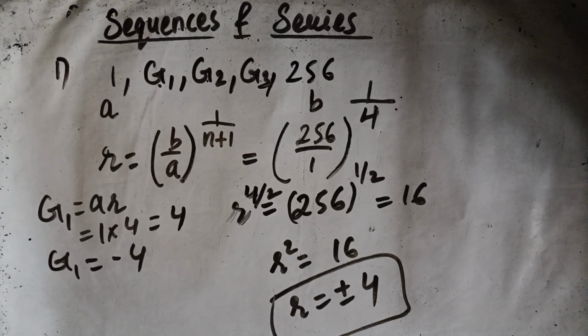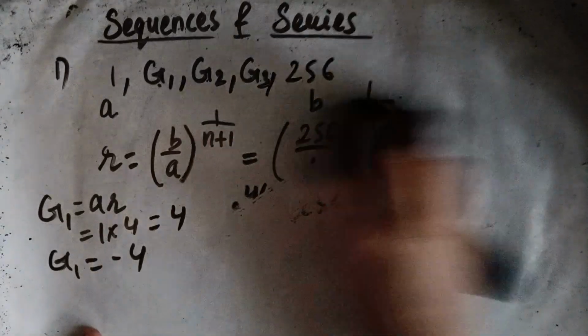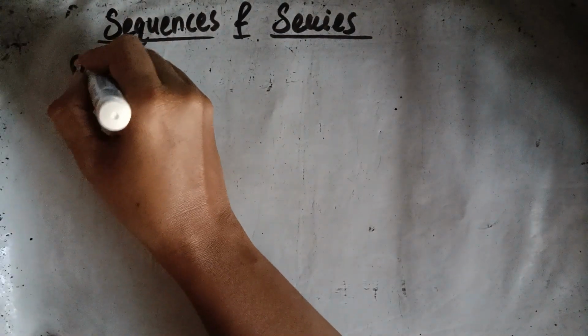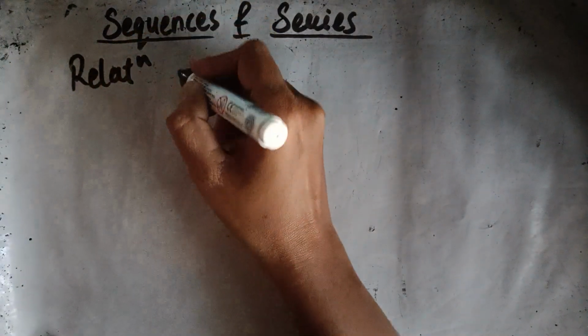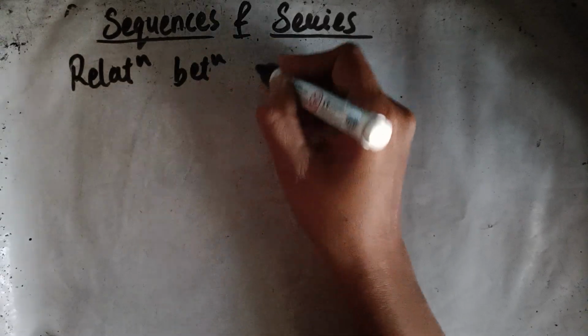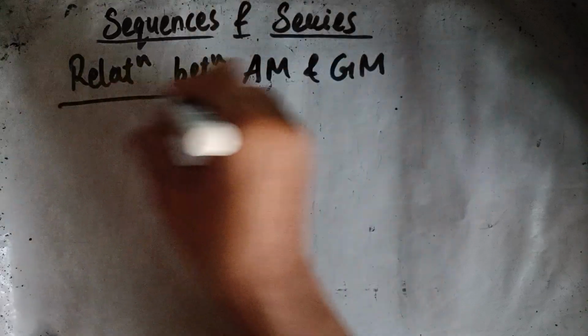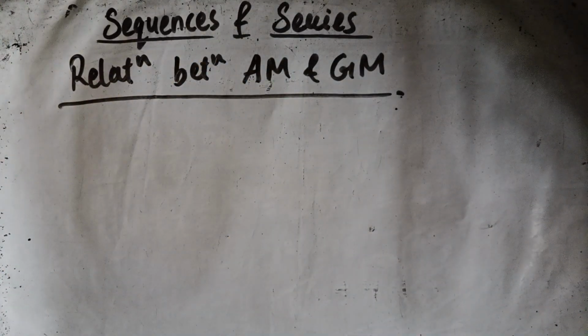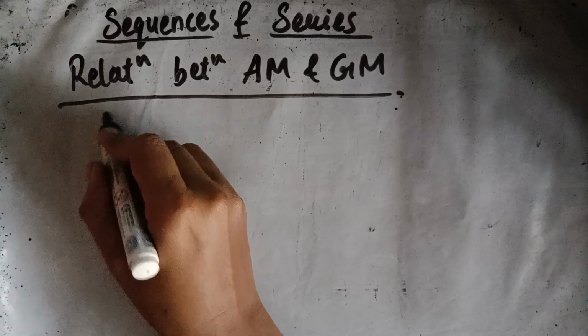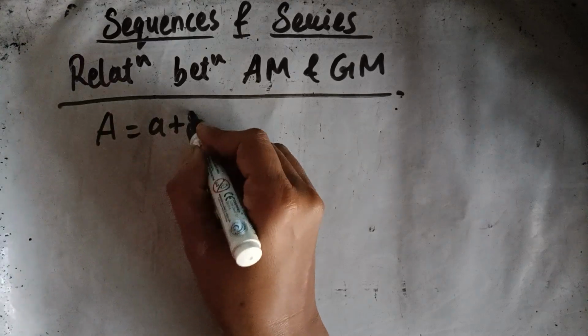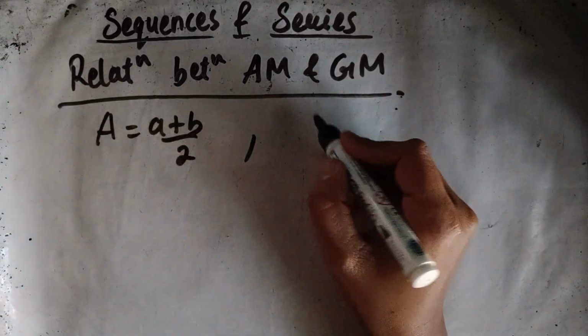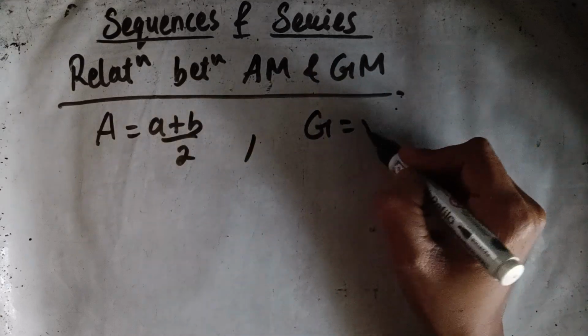Then there is a relationship between AM and GM, that is, arithmetic mean and geometric mean. A is given by (a plus b) by 2 and geometric mean G is given by root of ab.